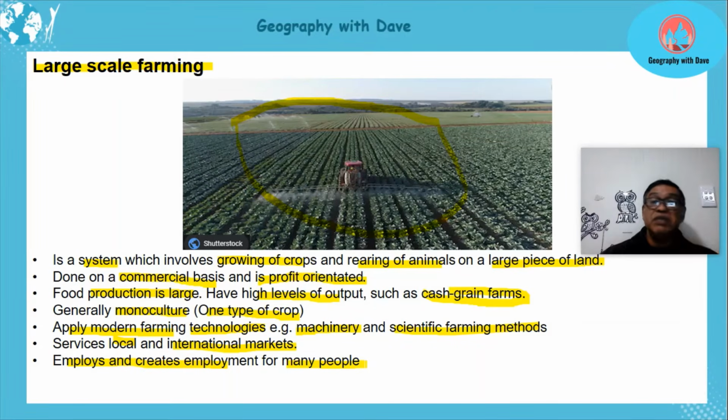And when they produce the raw materials, it's used in the secondary industry, and therefore, those people have more employment. There's services involved here, transportation, etc., of goods. There's research in terms of researching better methods of farming and crops, etc., and therefore, more people will be involved. So, large scale farming is very, very significant.